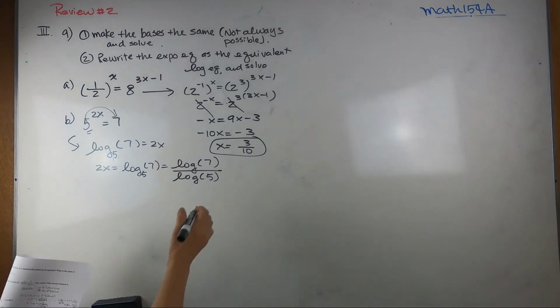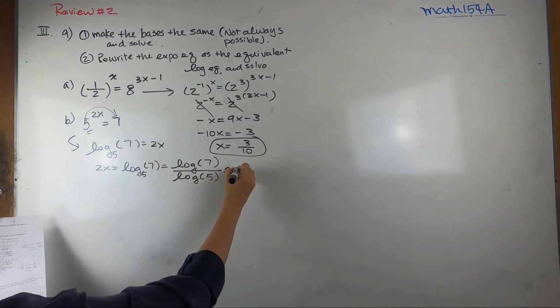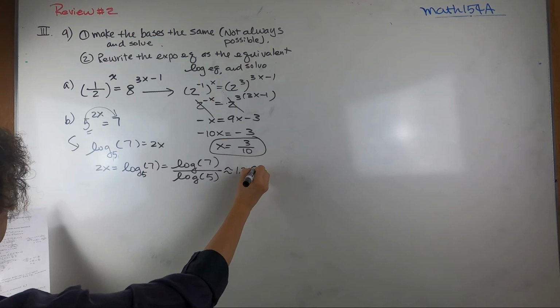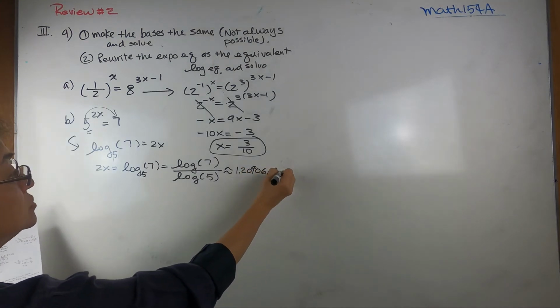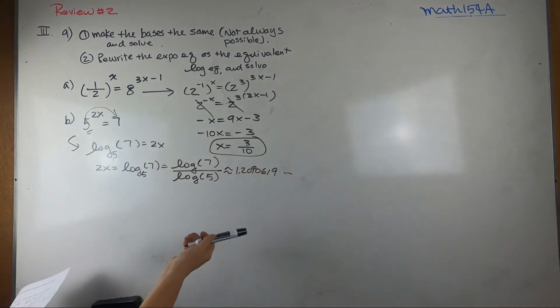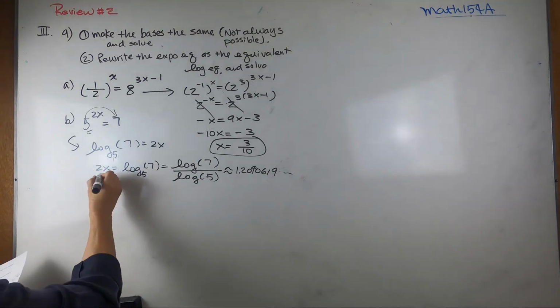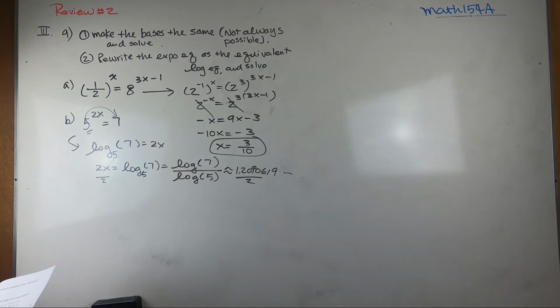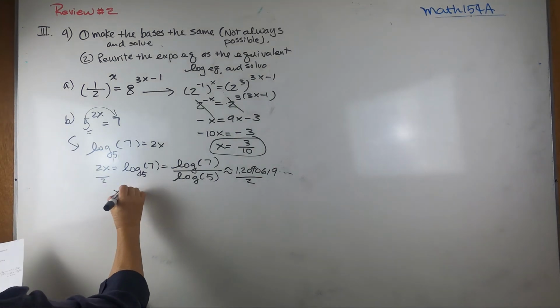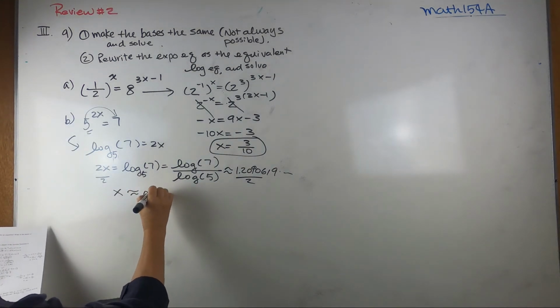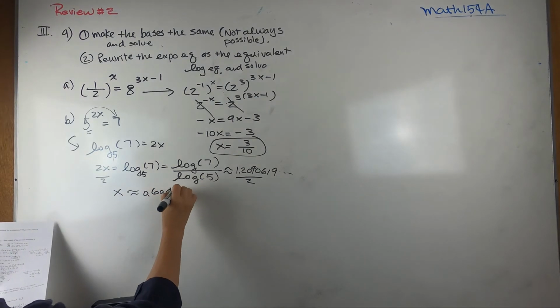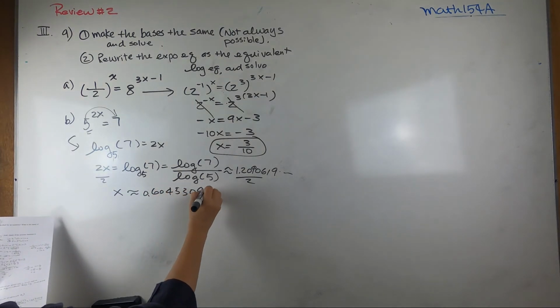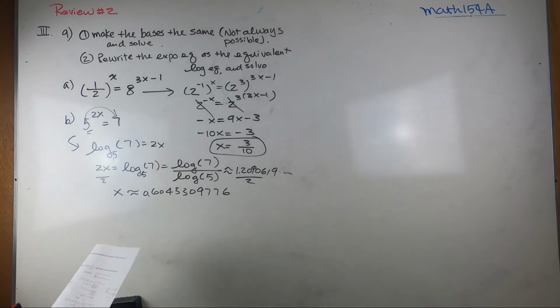Then for this one, you get the value, it's like 1.2090619. You use all the decimals, just leave them there, right? And then you find x, whatever the number on your calculator says, your x will be about 0.60453. Use as many digits as you can.